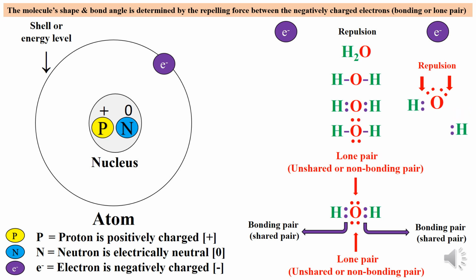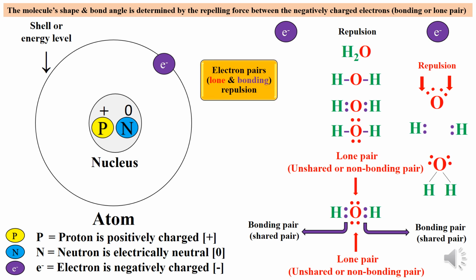And as an outcome, both the bonds are pushed downwards and as a result, the water molecule takes the bend shape. So the bend shape of water molecule is the outcome of repulsion between the two lone pairs of electrons on the oxygen atom and the bonding pairs of electrons.